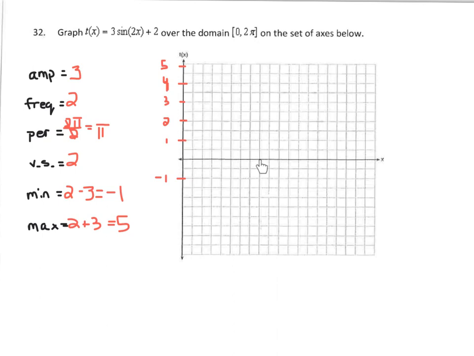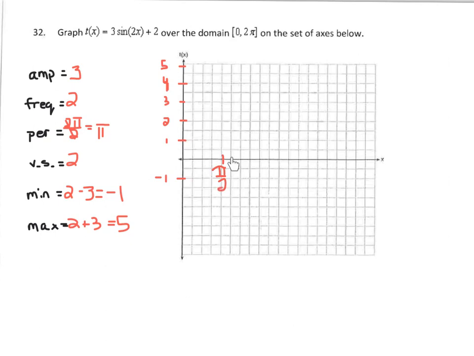I'm going to space that out even more, just so my graph isn't so tall and skinny. So rather than skipping 2 boxes, I'm going to jump 4 boxes, and this is where I'm going to put my pi over 2. Okay, so I'm just jumping twice as much as we normally do.